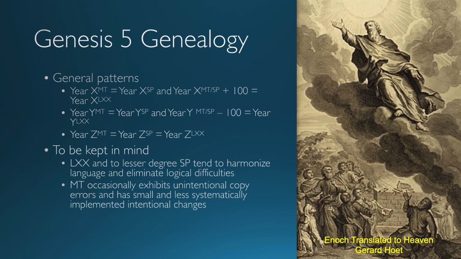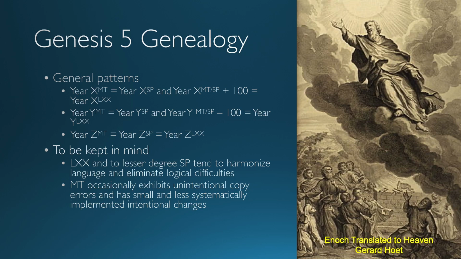Year Y, the years they lived afterwards, is the same in the Samaritan Pentateuch and Masoretic text, but the Septuagint subtracts 100 years. This is a general pattern. There are a couple of exceptions, but that's the general pattern throughout. And the total years of life is equal in all three. In general, there are exceptions. Okay.